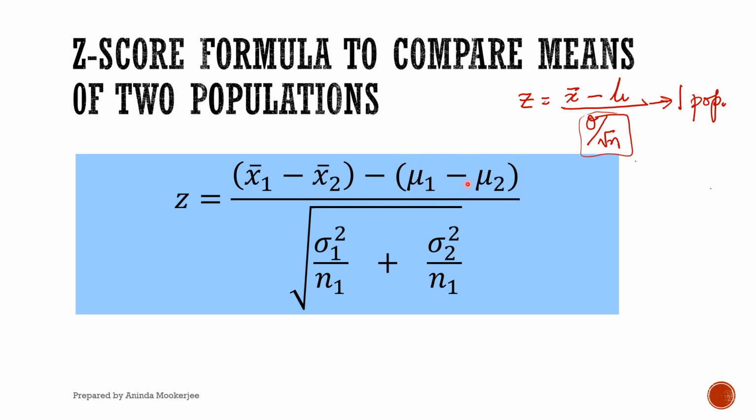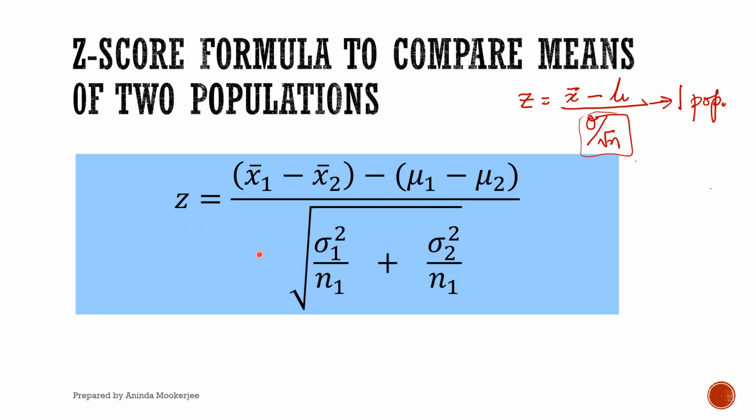Therefore, mu sub 1 minus mu sub 2, and then divided by, in the denominator, we will use this corresponding standard deviation formula. So the standard deviation formula was, if you go back to the slide on the distribution, when we were looking at the sample distribution, it was square root over sigma squared sub 1 divided by n sub 1 plus sigma squared sub 2 divided by n sub 2.